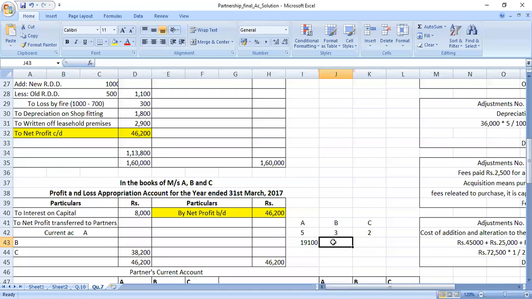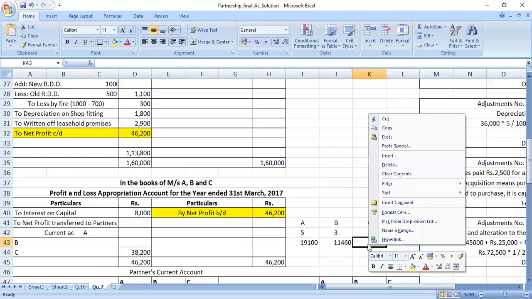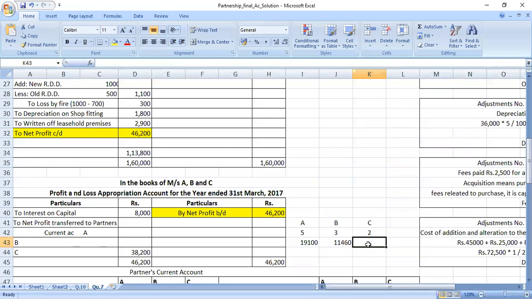Then 38,200 into 3 divided by 10: 11,460. Then 38,200 into 2 divided by 10.